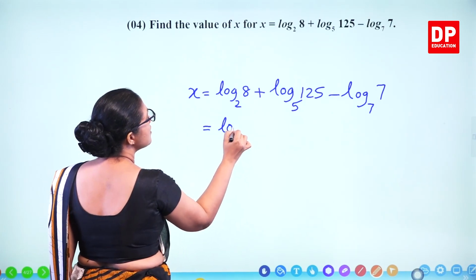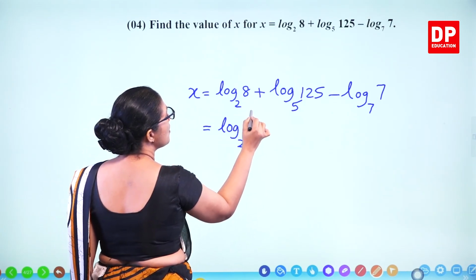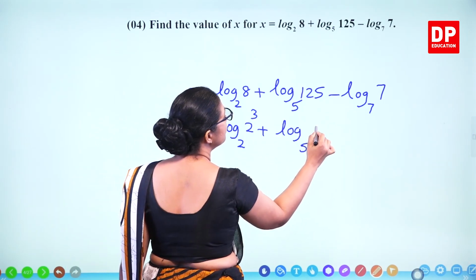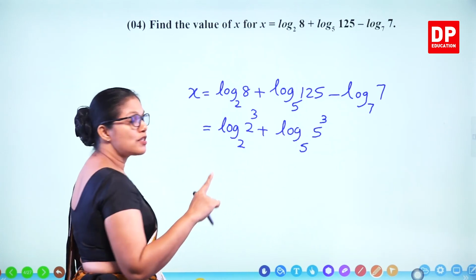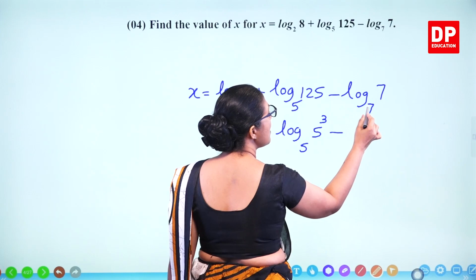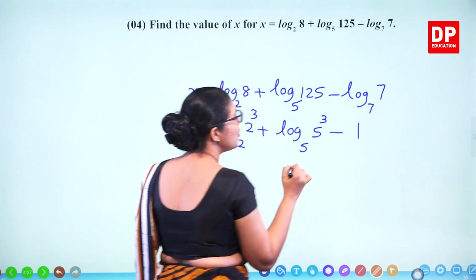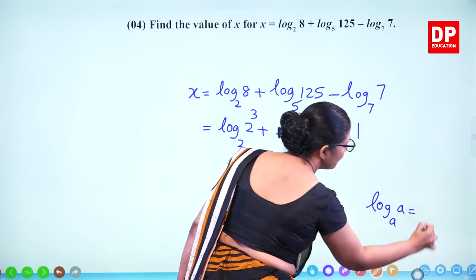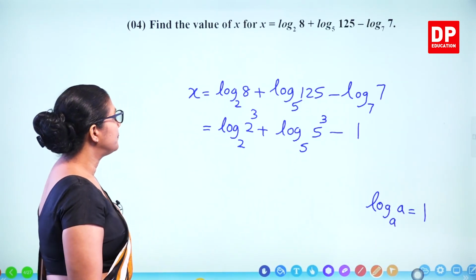How can you write this one? 8 is 2 to the power 3. This one, 125 is 5 to the power 3: 5 times 5, 25, 25 times 5, 125. This one, same base, same number, you get 1. That's a law: same base, same number is 1.